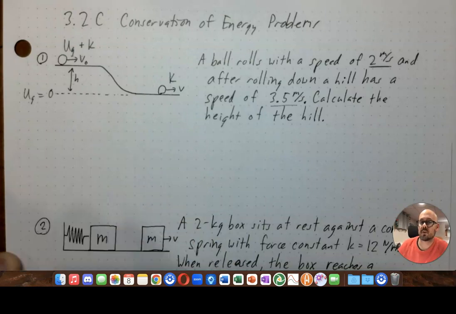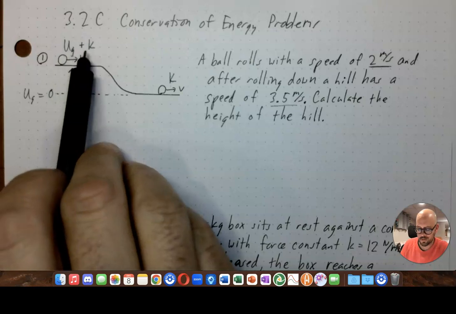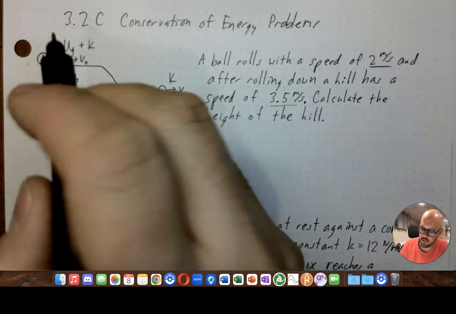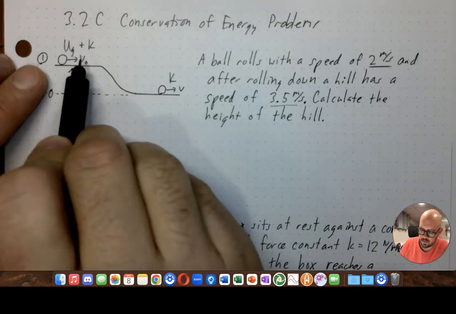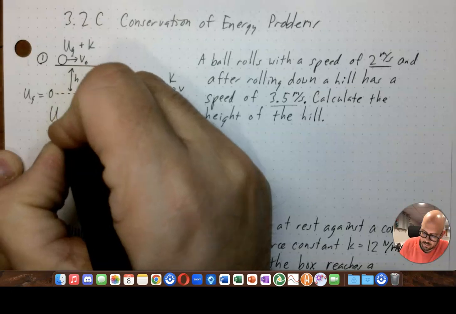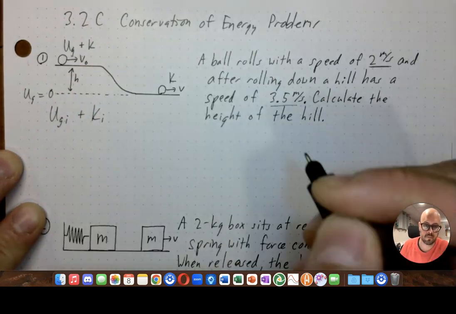In this unit, you are writing your own equations almost every single time. There's no formula that you're going to apply. It's just look at the situation, analyze it for what types of energy there are, and then write an equation for that. So my equation is going to look like this. This is my initial position. There is gravitational potential energy, and there is kinetic energy.